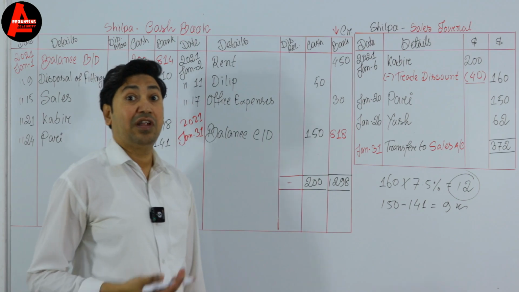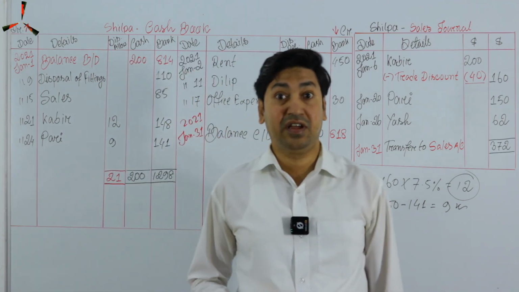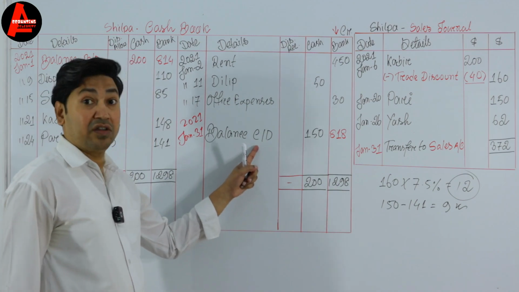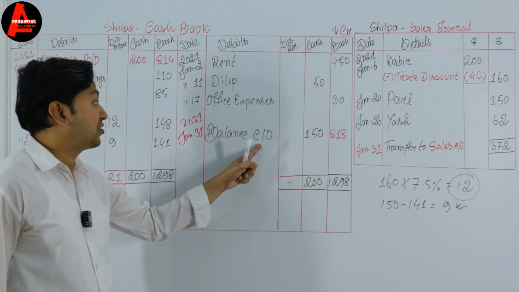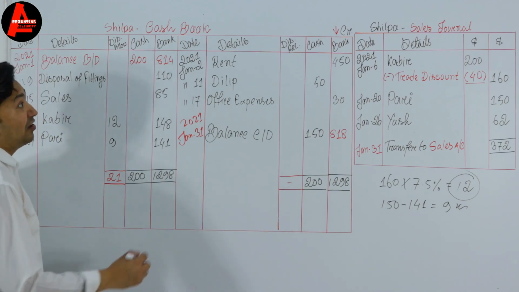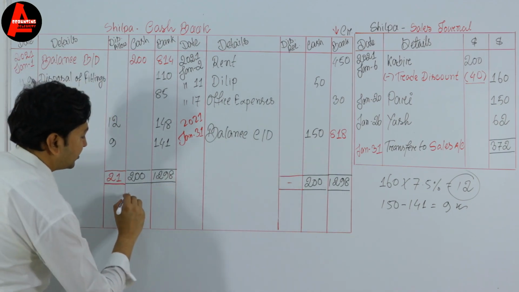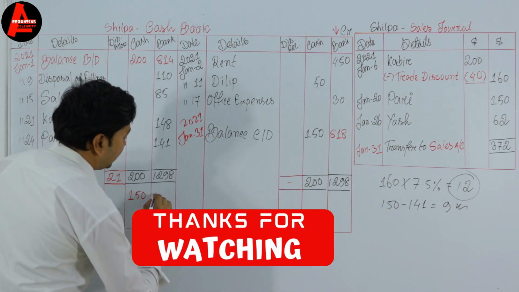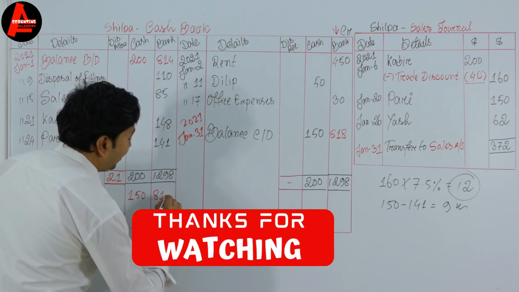Now what to do? Now we need to bring down this balance. How to bring it down? We carry down the balance on the credit side, so this will come to the opposite side below the totals. Here we see the cash balance is $150 and the bank balance is $818.